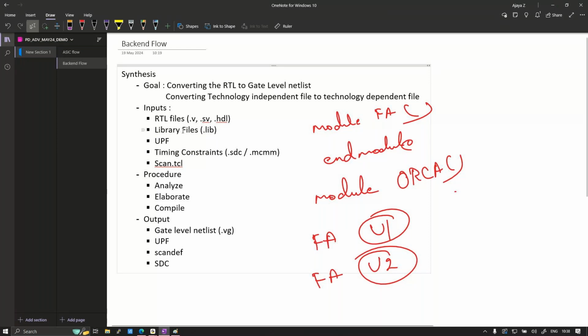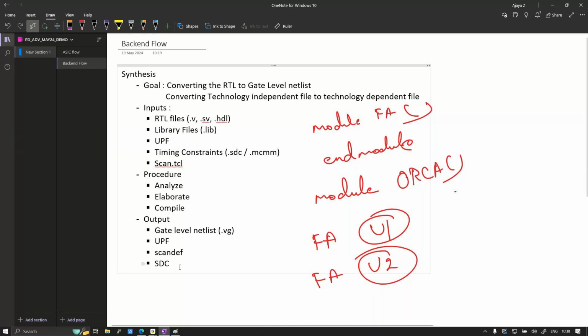Once all these files are finalized, they will be stored into a directory called the central directory. If you have stored it, you cannot modify it. If you want to modify it, you need approvals. So please make sure that whenever you finalize your design, it is clean.